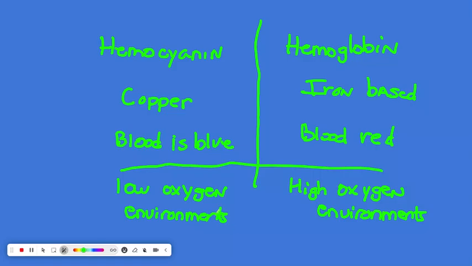So if the lobsters and horseshoe crabs had hemoglobin, it wouldn't be an efficient carrier to bring that oxygen. See, when hemoglobin has limited oxygen, the oxygen will bind tightly to the hemoglobin, and that makes it hard to release. So it's much more efficient if lobsters and horseshoe crabs have hemocyanin.